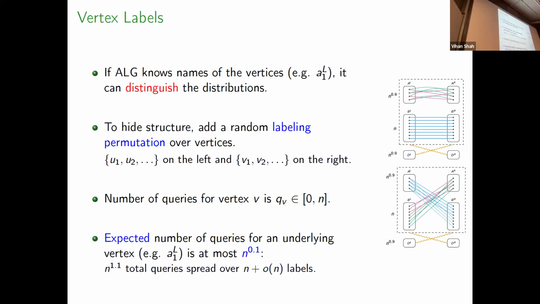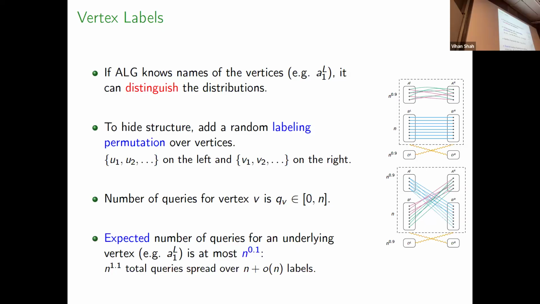If I just focus my attention on A1, since the permutation is random, in expectation, A1 sees n to the 0.1 pairs, because it's going to get a random label from this side. The total number of queries I've made is n to the 1.1. So if you average it over the n-ish vertices, then you will see only n to the 0.1 queries on an underlying node.